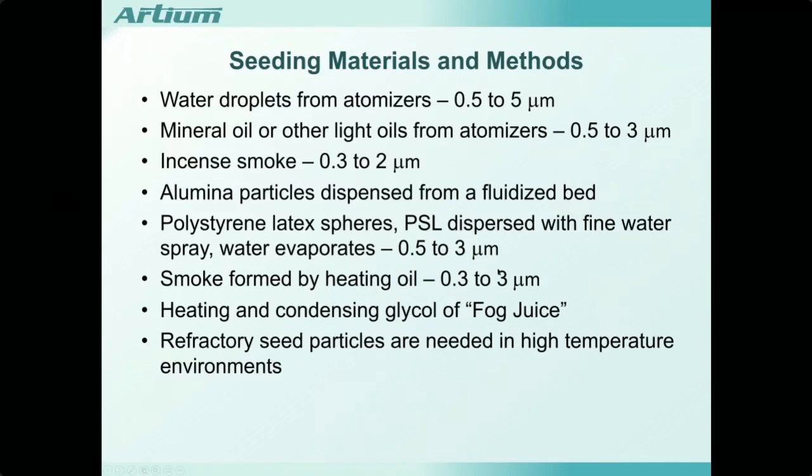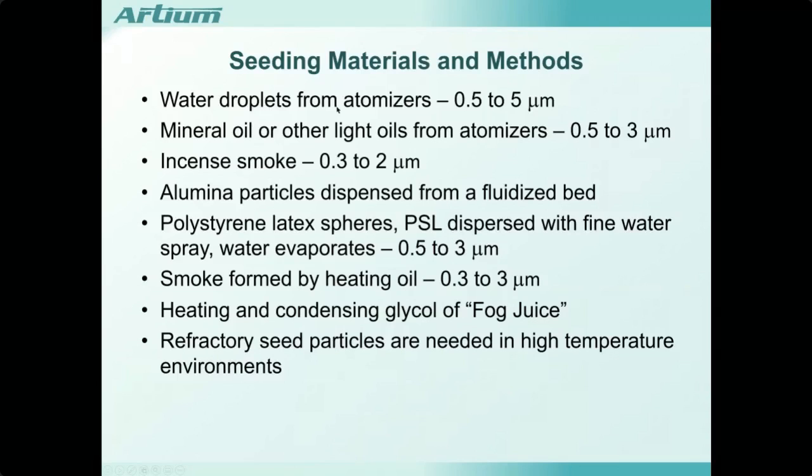Well, seed material possibilities. We can use water drops from a simple atomizer. A room humidifier works for certain applications. Those devices generally produce mean-sized droplets in the 0.5 to 5 micron range, but again, they'll show a tail out to maybe 10 or 15 microns, and so one needs to be careful that that isn't the particles that they're getting good signals from.